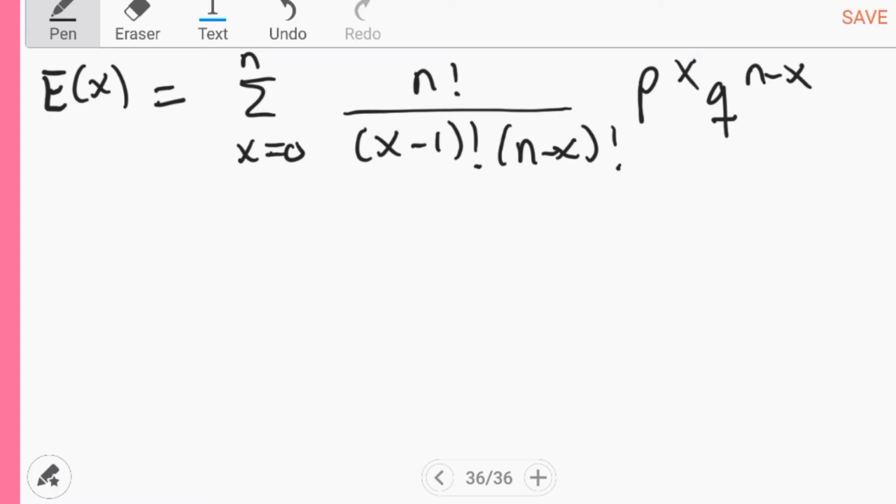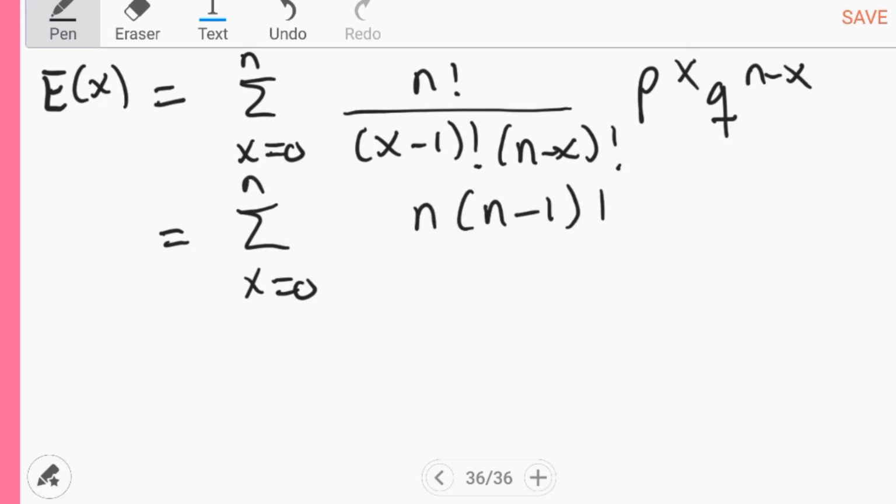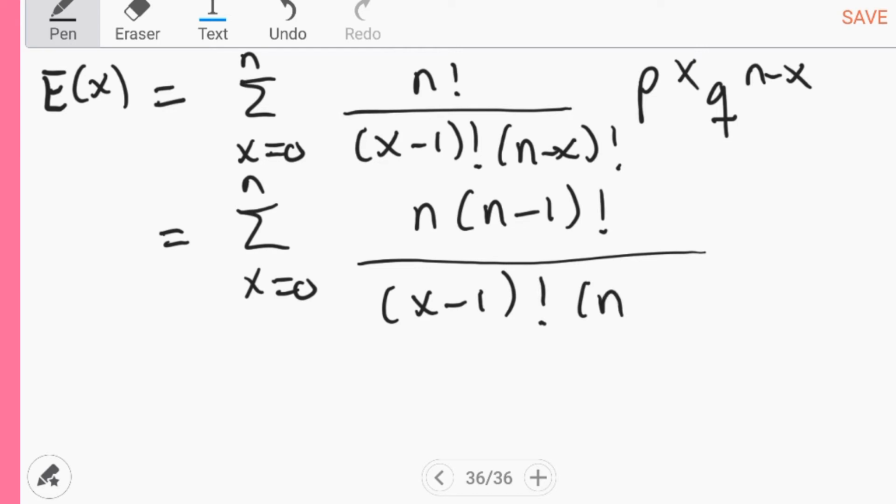Alright folks, now let's expand the n further. So n factorial, we realize that we'll get n minus 1 factorial, then we have x minus 1 factorial n minus x factorial, p^x q^(n minus x).